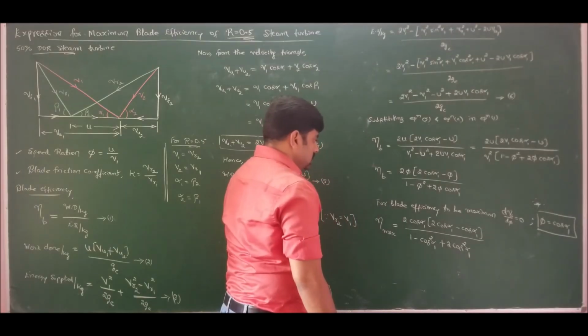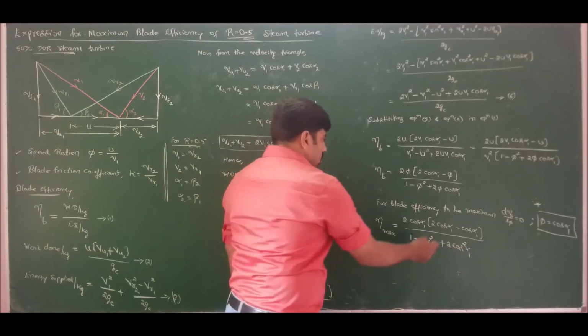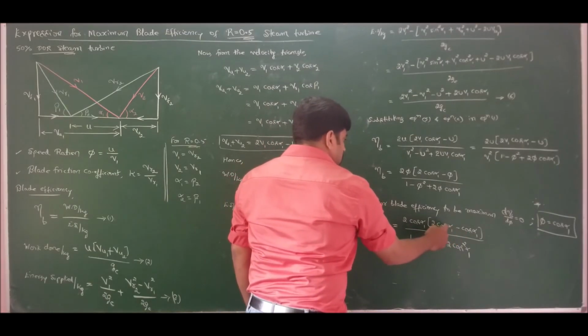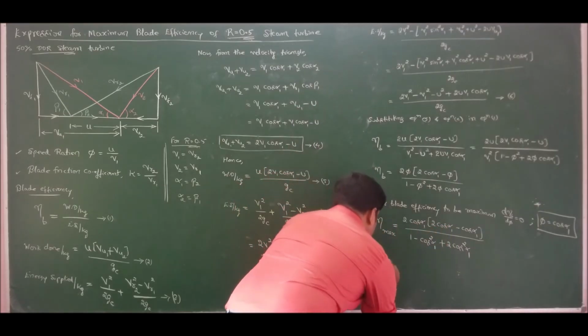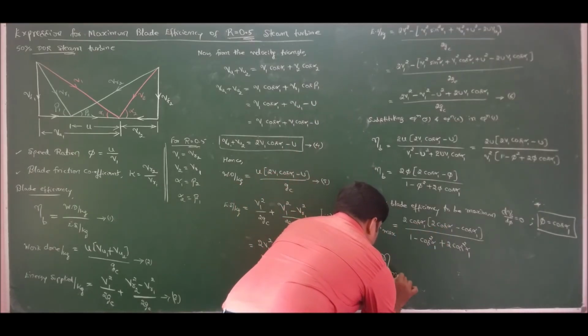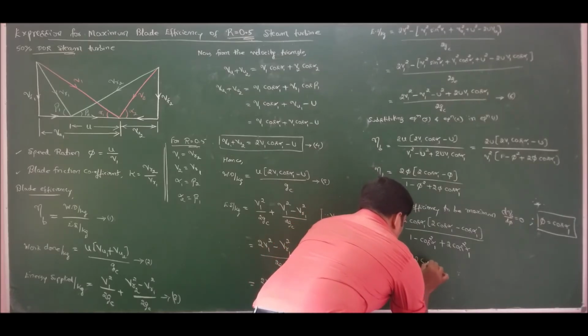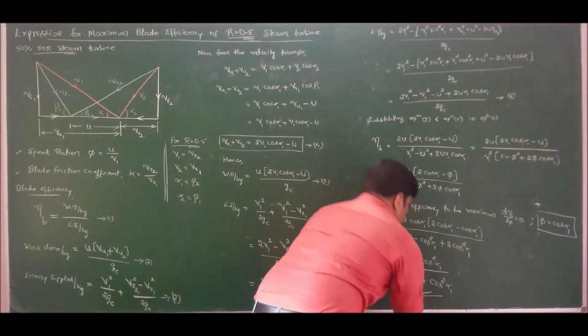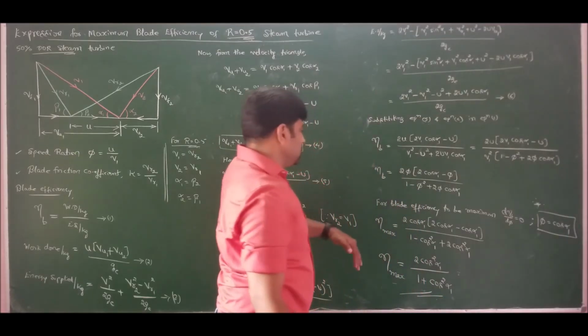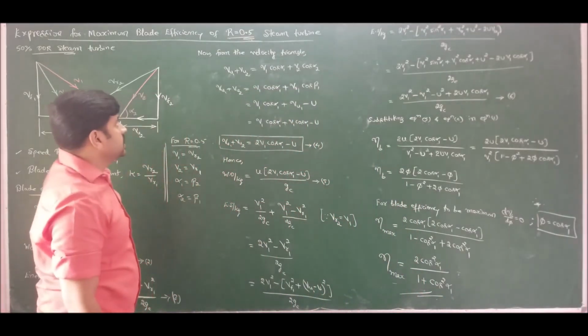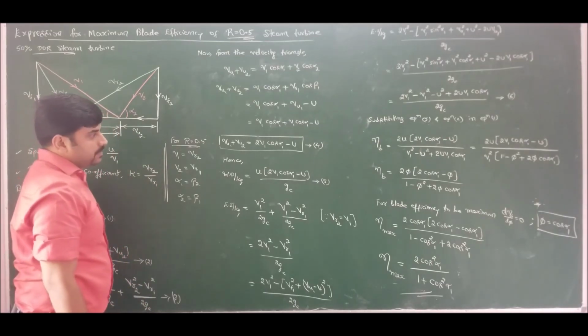If I simplify this, I will get 2 cos alpha 1 minus alpha 1 is 1 cos alpha 1, that is cos square alpha 1. So therefore maximum blade efficiency for 50% reaction turbine is 2 cos square alpha 1 divided by 1 plus cos square alpha 1. So this is the expression for maximum blade efficiency of 50% degree of reaction steam turbine.